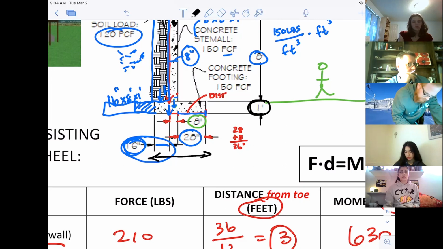So for the distance from toe for the footing, that is 2.1667. It's all true. You said that was right? Yeah, that's true. All true.